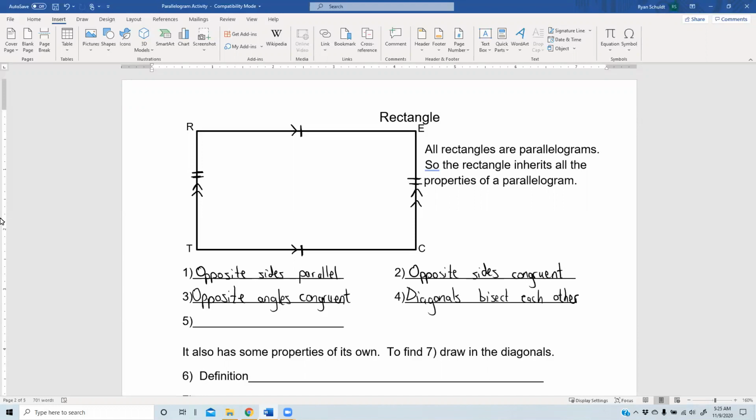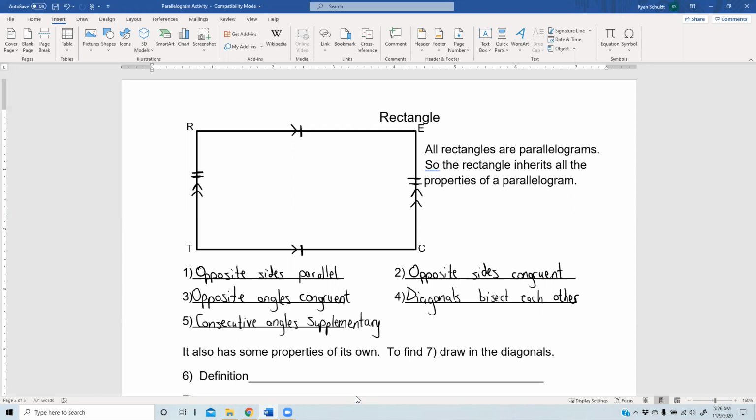And then last but not least, consecutive angles are supplementary. So it inherits the same 5 as a parallelogram.